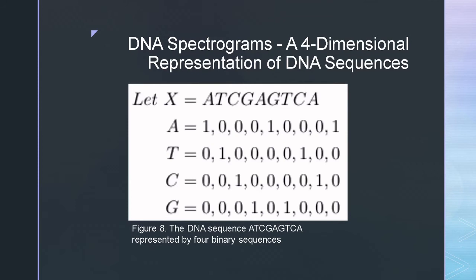A DNA sequence can be represented by four binary sequences of the same length: an A sequence, a T sequence, a C sequence, and a G sequence. The nth element of the A sequence is 1 if the nth nucleotide in the DNA sequence has an A base and 0 otherwise. The same applies to the sequences T, C, and G, but with their respective base characters instead.